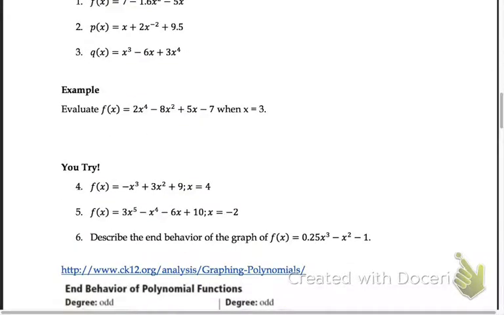like on number 5, if I don't put it in parentheses, and if I just go 3 times negative 2 to the 5th minus negative 2 to the 4th minus 6, and you just type in times negative 2 and then plus 10, you're probably going to get it wrong.